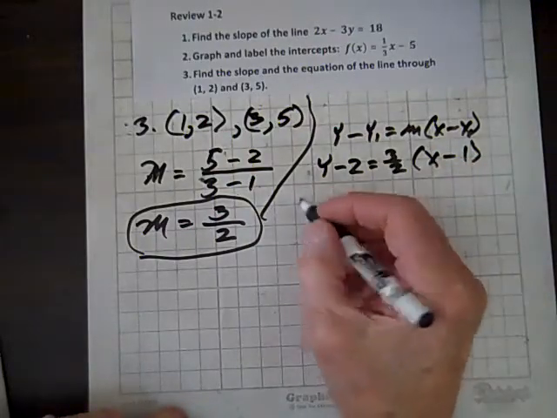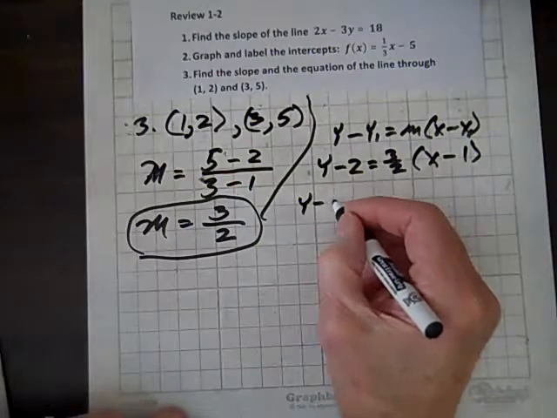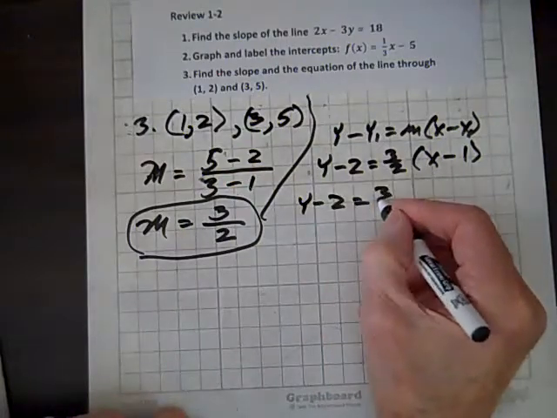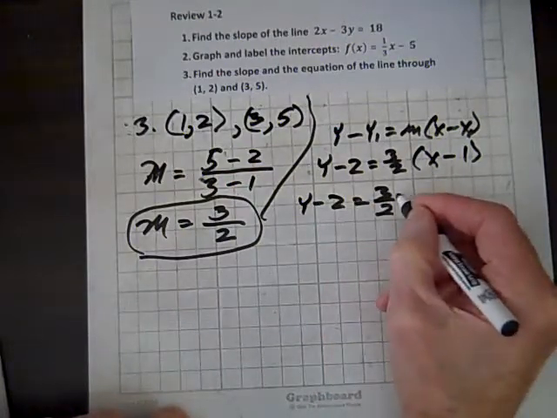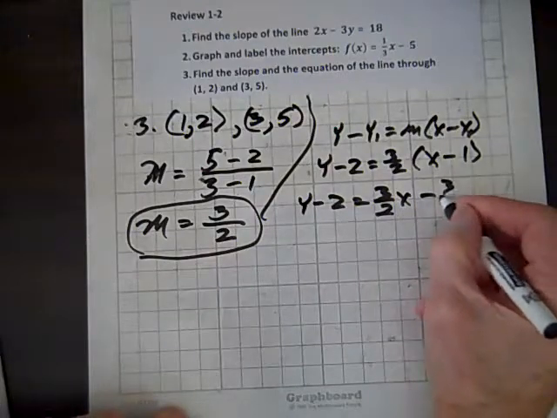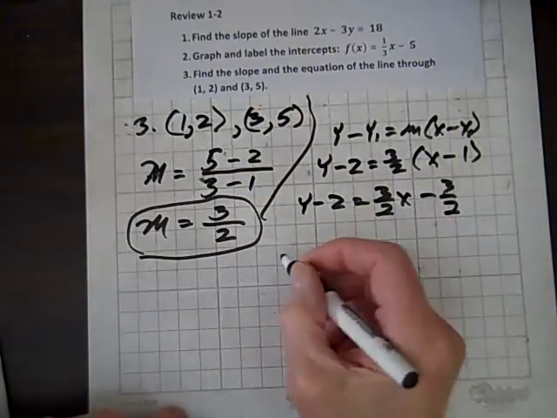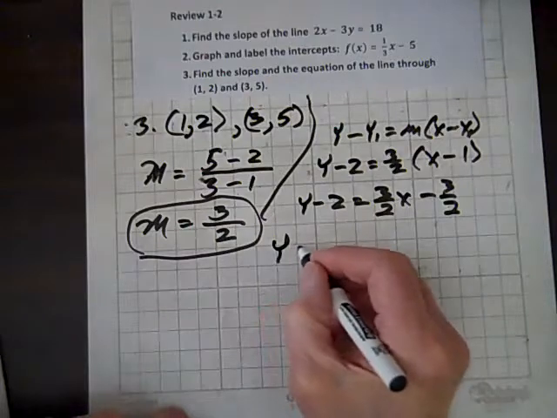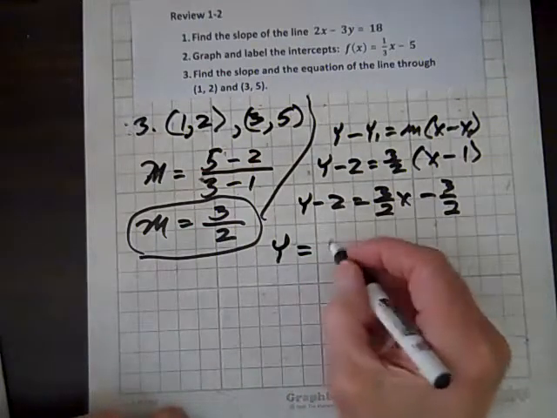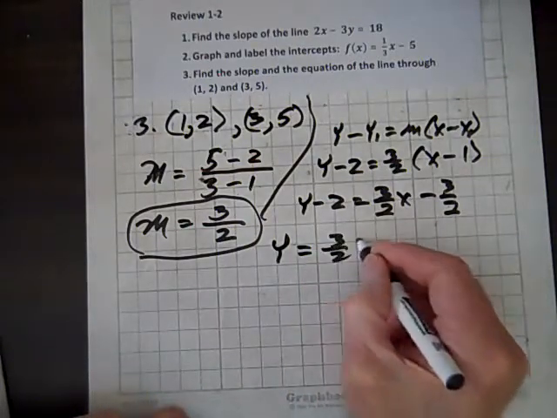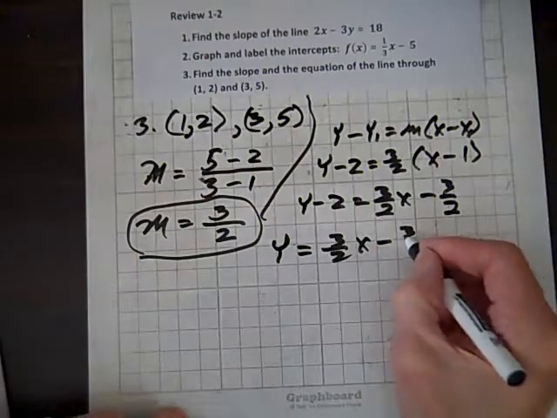Now let's multiply this out, expand that, so we get 3 halves x minus 3 over 2. And so y equals, adding 2 to both sides, 3 halves x minus 3 halves plus 2.